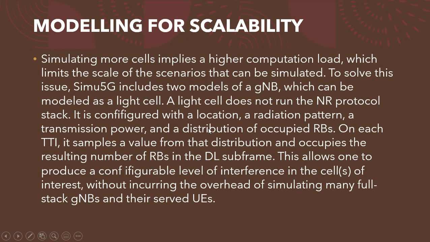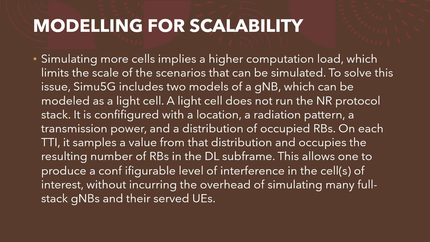Modeling for scalability: simulating more cells implies a high computation load which limits the scale of scenario that can be simulated. To solve this issue, Simu5G includes also two models of gNB which can be modeled as a light cell. A light cell does not run the NR protocol stack. It is configured with a location, radiation pattern, a transmission power and a distribution of occupied RBs on each TTI.